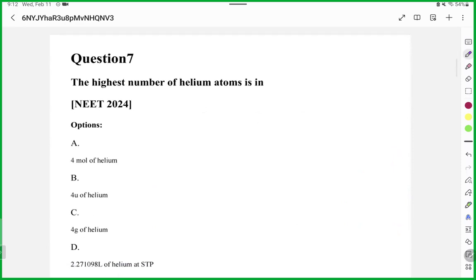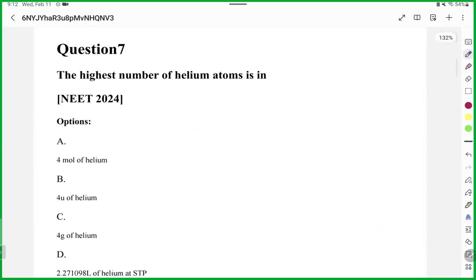Pratigya, tell me this. Highest number of helium atoms. What are you supposed to calculate in this? The highest number of atoms will be present in the maximum moles. Correct. In the first option, the number is already given, 4 mole.